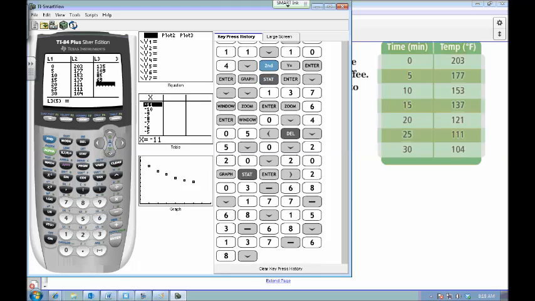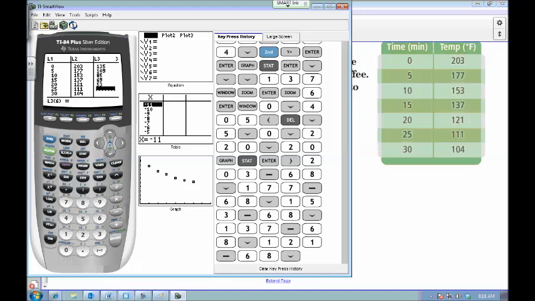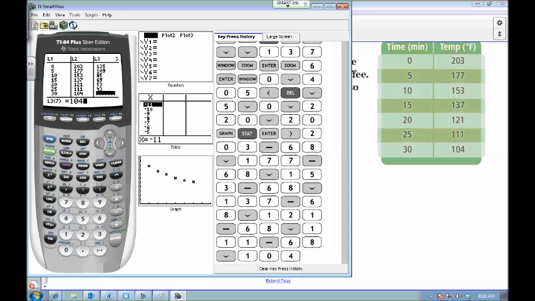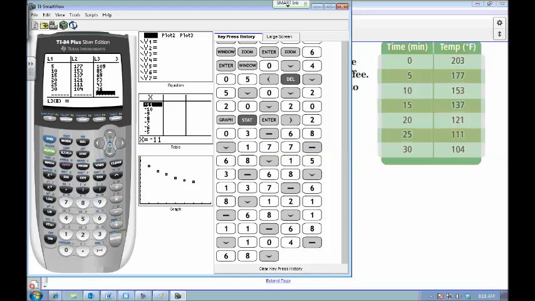Be careful how you type. Make sure you're actually typing in the right values, subtracting 68. Oh, you needed a piece of paper out. We're using those values in that green chart.